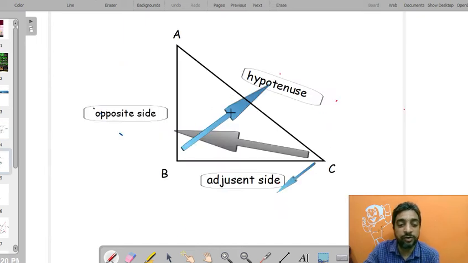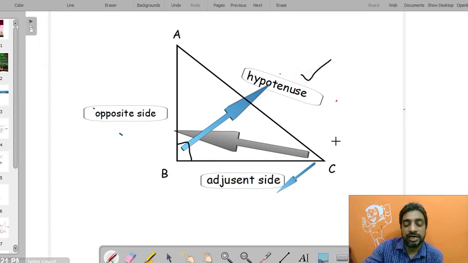Before that, we need to know about a right angled triangle. ABC is a right angle triangle, right angle at B. The side opposite to the right angle is the hypotenuse. Very, very important: the side opposite to the right angle is always the hypotenuse. Now I am considering C as theta.